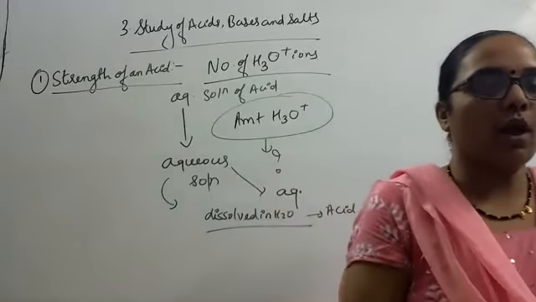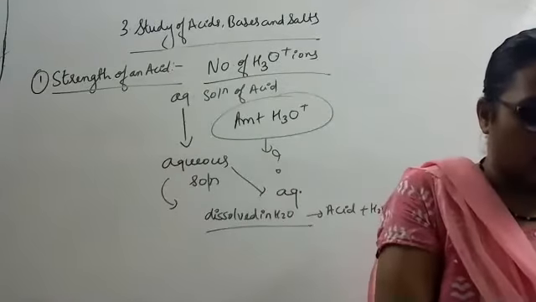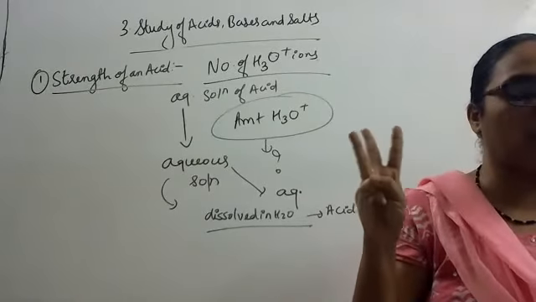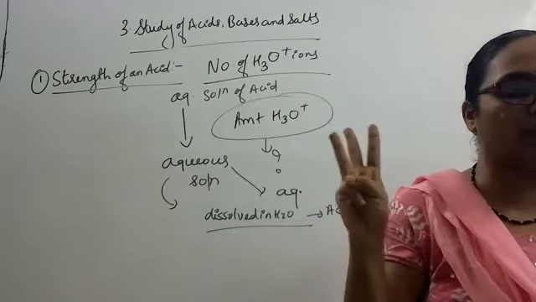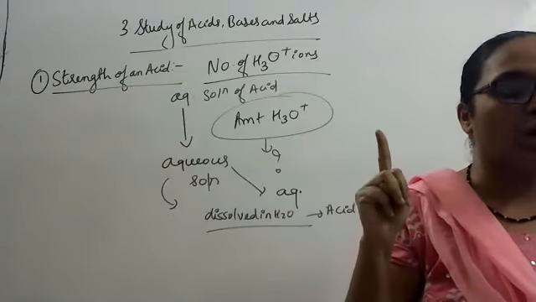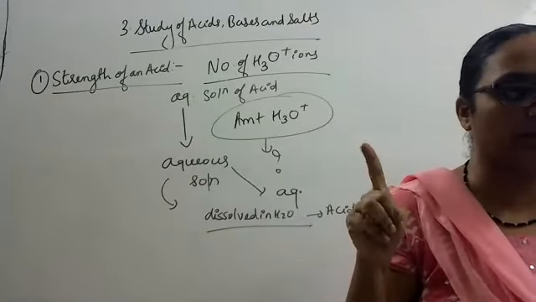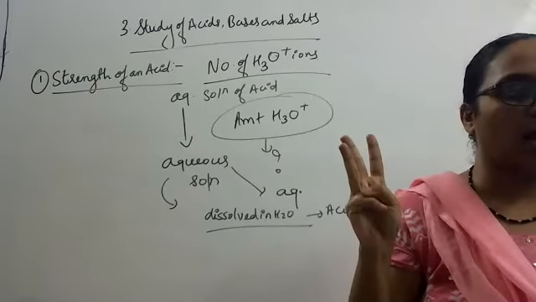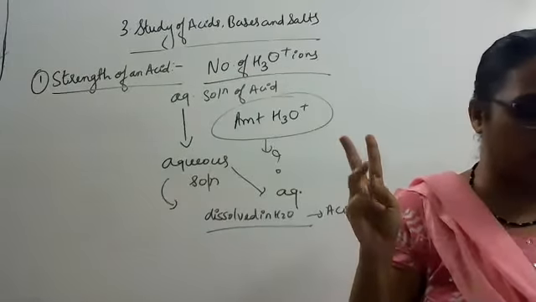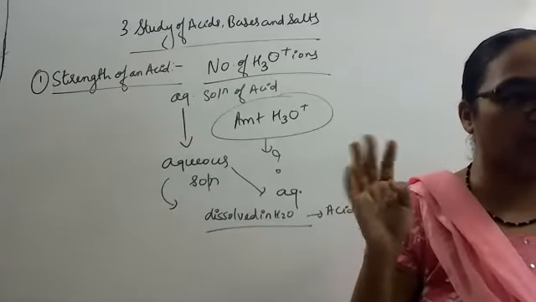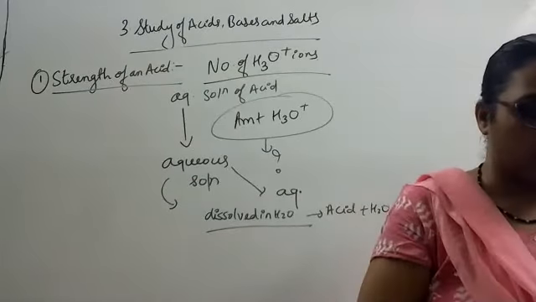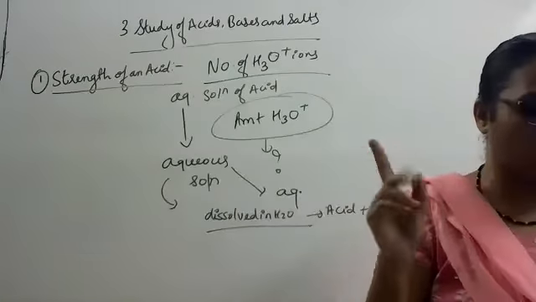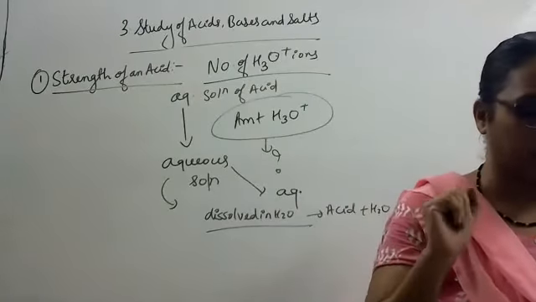Acids are classified into three categories depending on the criteria of classification. First is the strength of the acid, second is the basicity, third is the concentration of the acid. Strength of the acid is again of two types: strong acid and weak acid.